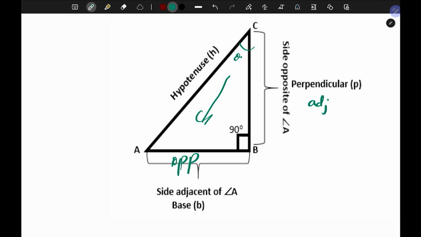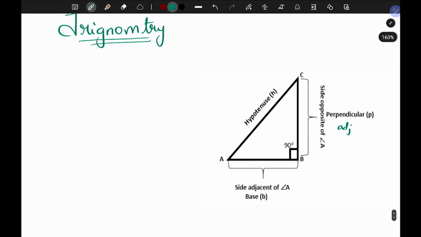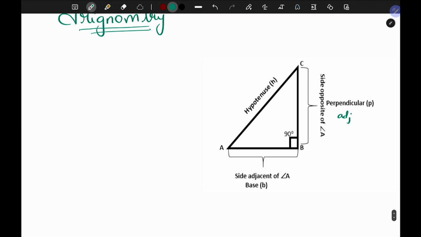Alright, so continuing again. So now we know what are the different sides. So you can either call this opposite and adjacent, and A and O. I like to call them A and O and H. Easy.